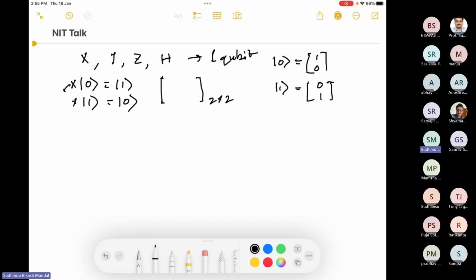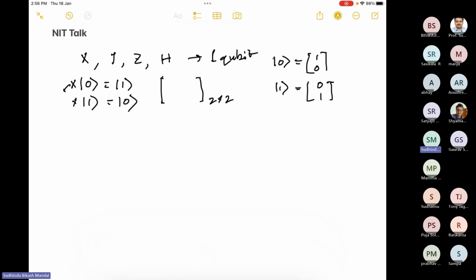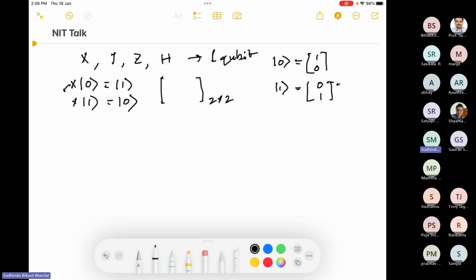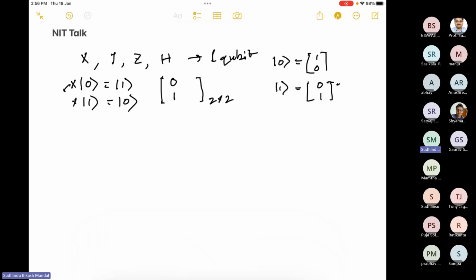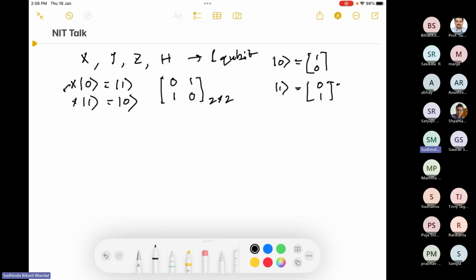So how can we represent the X operator? The first column of this matrix represents the outcome if I apply the X operator over 0. The state will be 1, and the matrix of 1 is 0 1. The second column represents the outcome if I apply X over 1. The outcome is 0, and the matrix of 0 is 1 0. This is the matrix representation of the X gate.